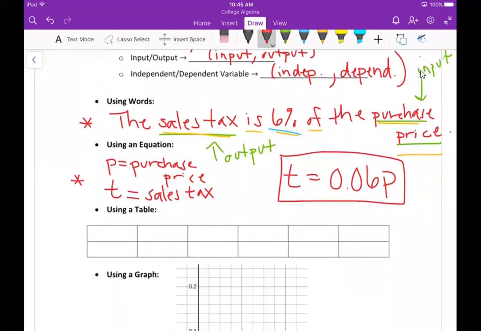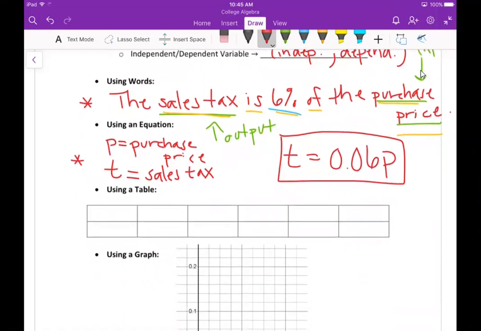We can also describe relationships by looking at several values that are true for that relationship and summarizing those values in a table. Now, using a table, we'll have two variables set up, and typically our input will always go on the top if we have two rows for our table.